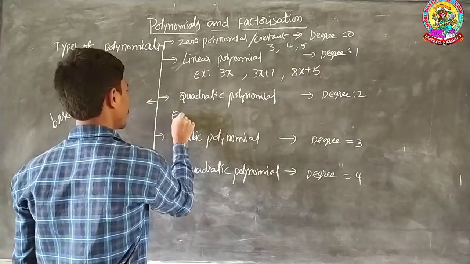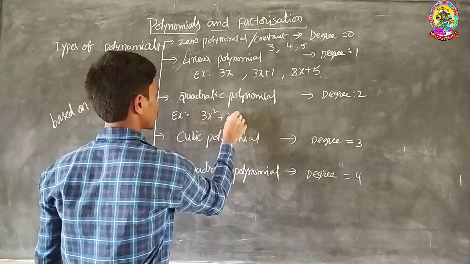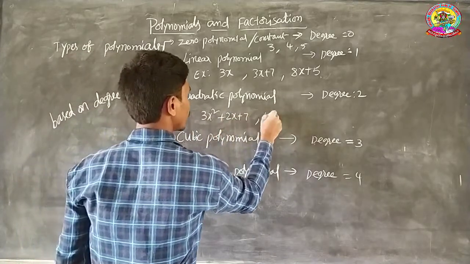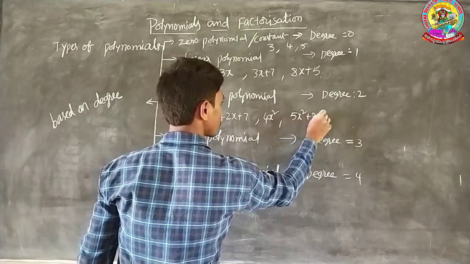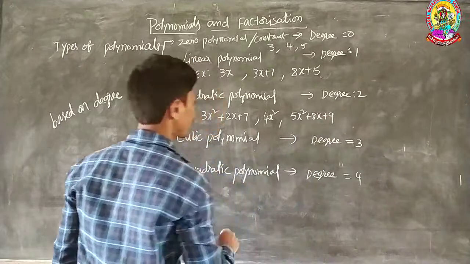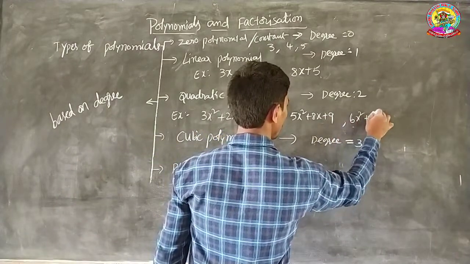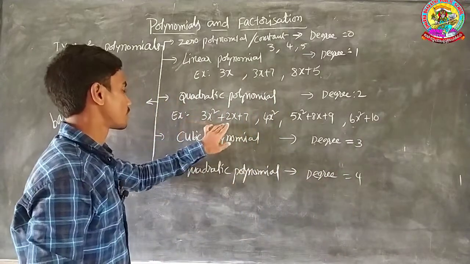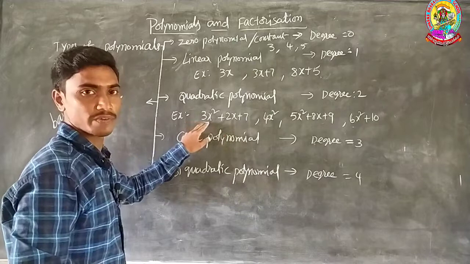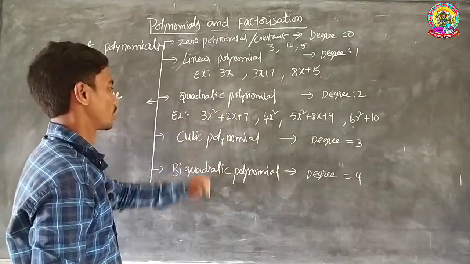Next, quadratic polynomials: 3x square plus 2x plus 7, 4x square, 5x square plus 8x plus 9, 6x square plus 10. In these examples, the highest power of the variable x is 2, so this is called a quadratic polynomial.